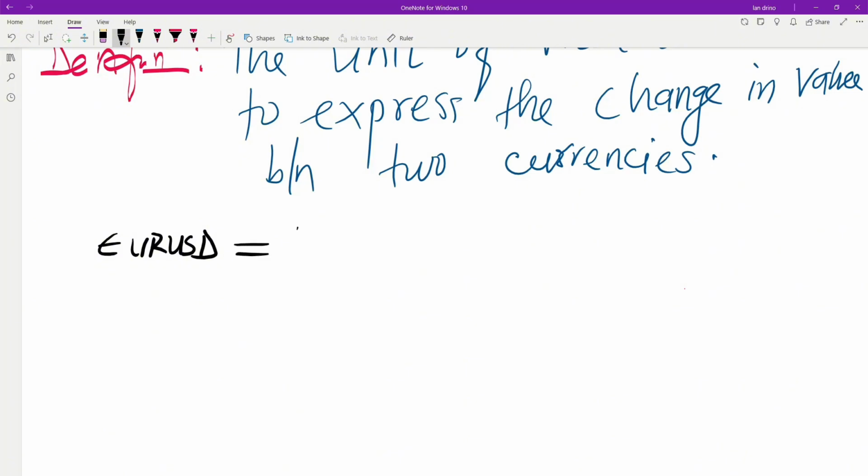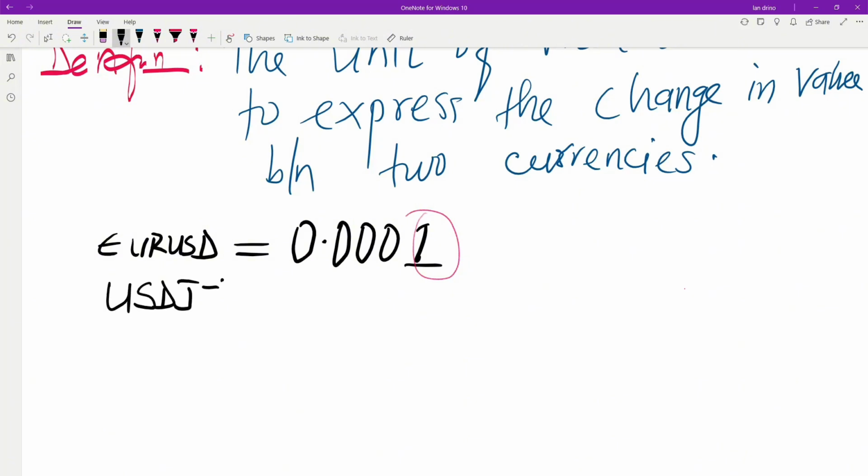For example, Euro USD and other pairs that do not include the Japanese yen pairs will be quoted as 1 PIP, being equivalent to 4 decimal places, where the 4th digit represents the PIP. And we also say that for the Japanese yen pairs, for example USD JPY, all the Japanese yen pairs will be quoted in 3 decimal places, where the second value represents the PIP.